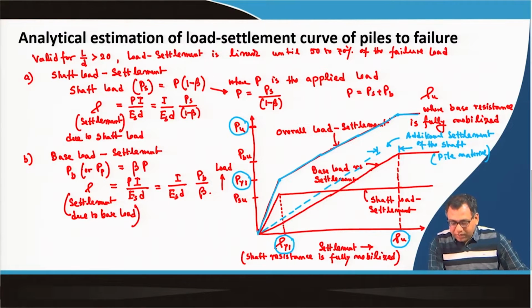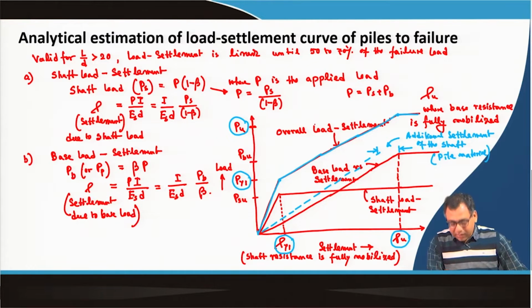So, the overall load settlement curve will be the deformation of the soil due to the shaft load plus the deformation of the soil due to the tip load plus the deformation of the pile material.